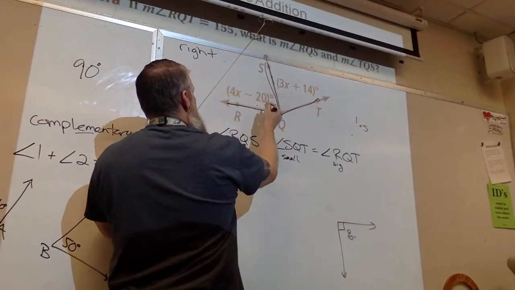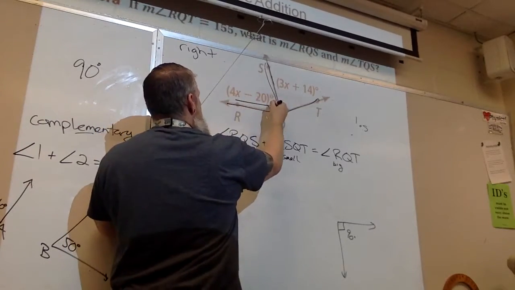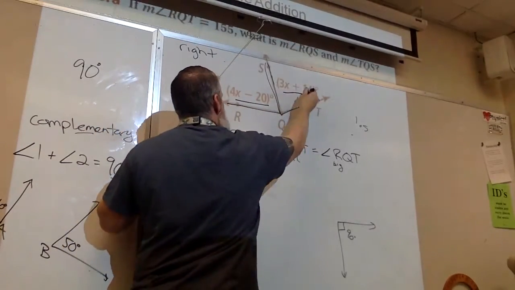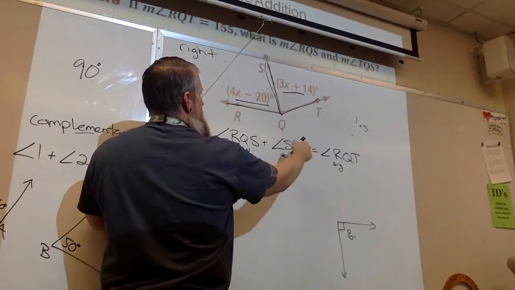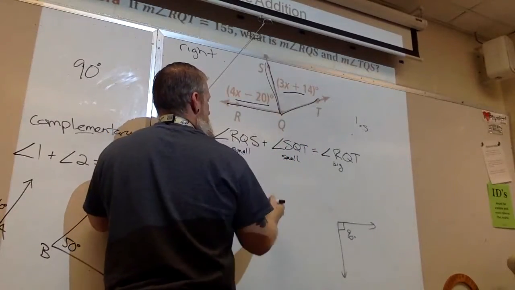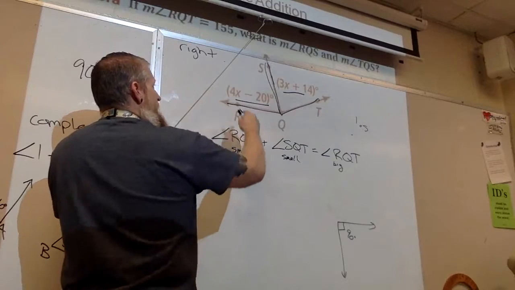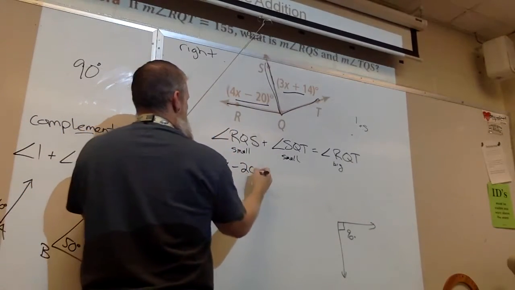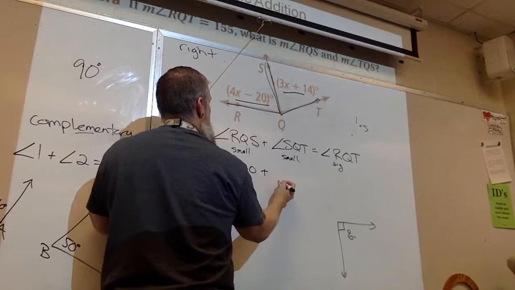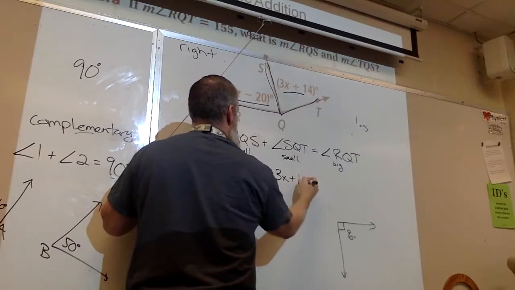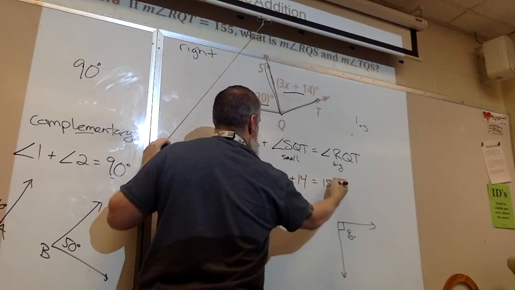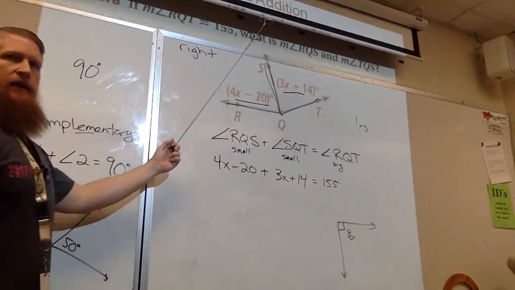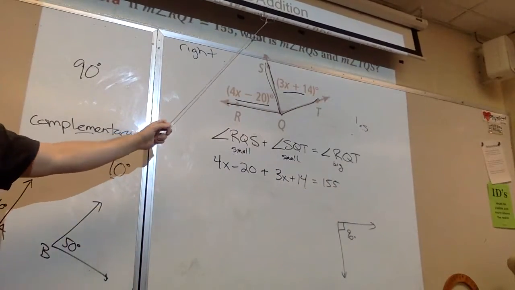Now, they've got things marked for each one. Like this is RQS, that's SQT, and then we already said RQT, the entire thing, was 155. So you just fill in what they give you up there. It's 4x minus 20, plus 3x plus 14. And then you've got a single variable expression.